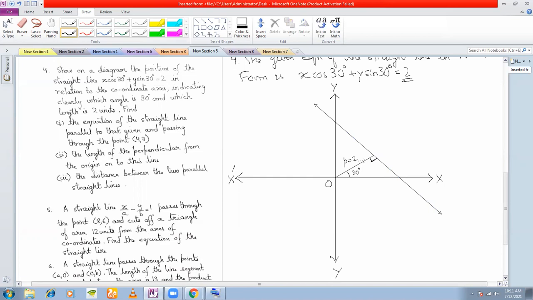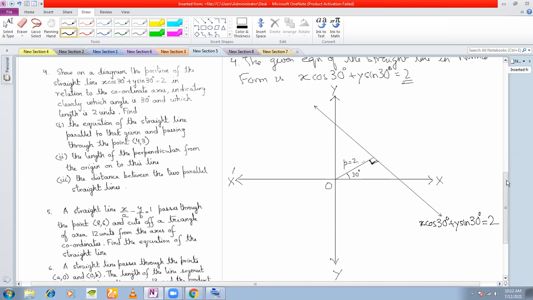Okay, it does not look like 90 degree, but approximately 90 degree. But the point is, whether it looks or not, you have to mark the angle. This is the perpendicular, so this must be 90 degree. So that is how you draw the straight line. So this straight line is x cos 30 plus y sin 30 degree is equal to 2. That is what the equation of the line will look like in the diagram.